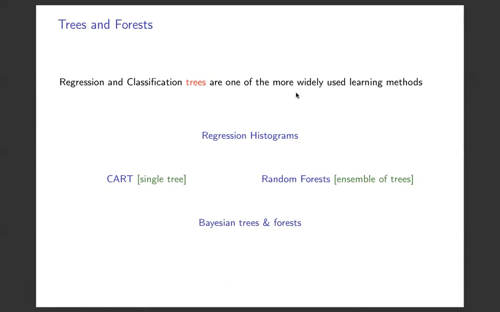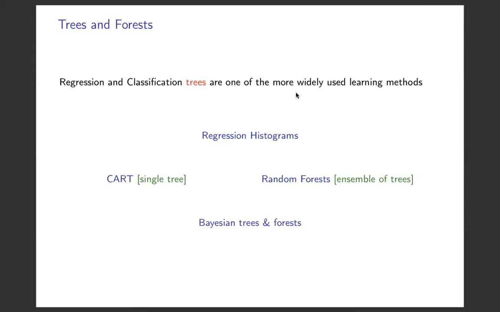And we have, of course, random forests, which are ensemble methods, which can be built, for instance, starting from CART, and Bayesian counterparts. So let me spend some time introducing a few of the popular Bayesian algorithms that are very much in use today.